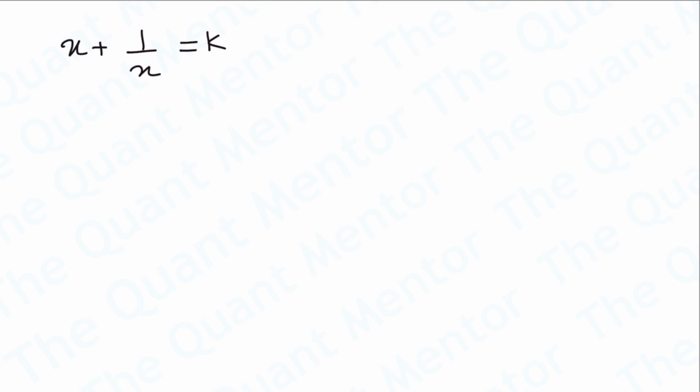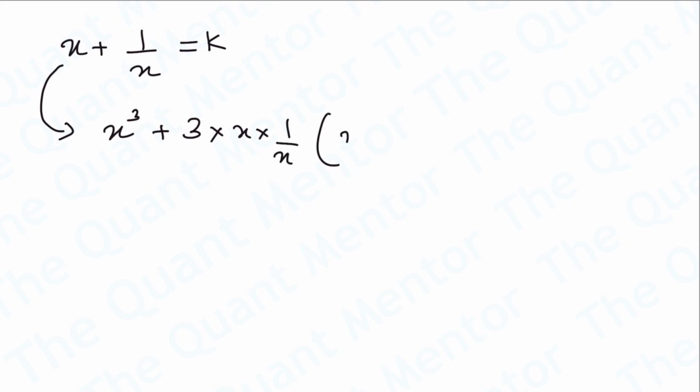The interesting part is we can observe something similar by cubing both sides. By cubing both sides, I will have a cube plus b cube plus 3ab into a plus b equal to k cube.